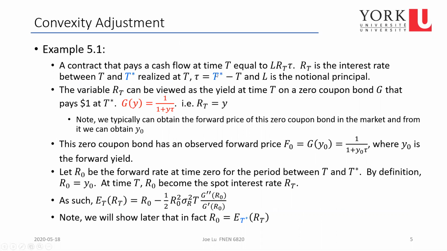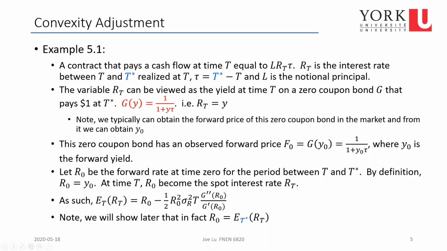So tau is really this time difference here. And so R_T, in this particular example, is the yield at time T of a zero coupon bond, G.